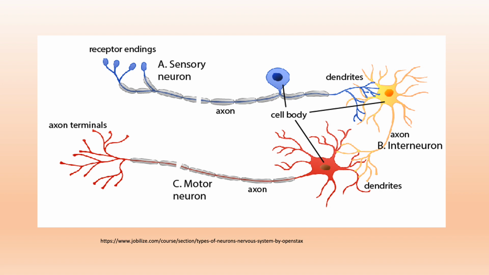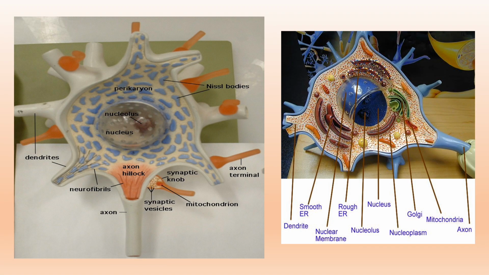Okay, let's move on. When we look at this model, we will see the cell body. We will see some extensions, some branches, and we call them dendrites. You will see the axon is a long single branch, and the axon forms from the cell body, and just before the axon forms there is a triangle zone we call the axon hillock.